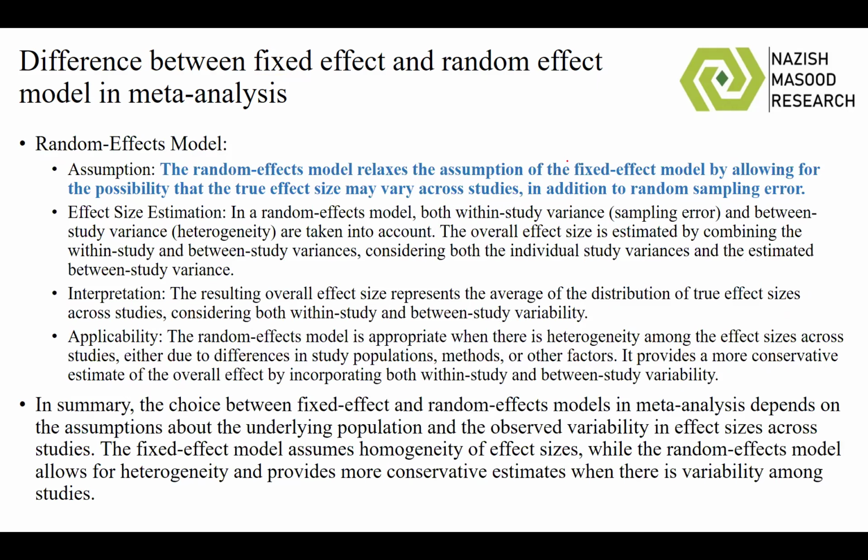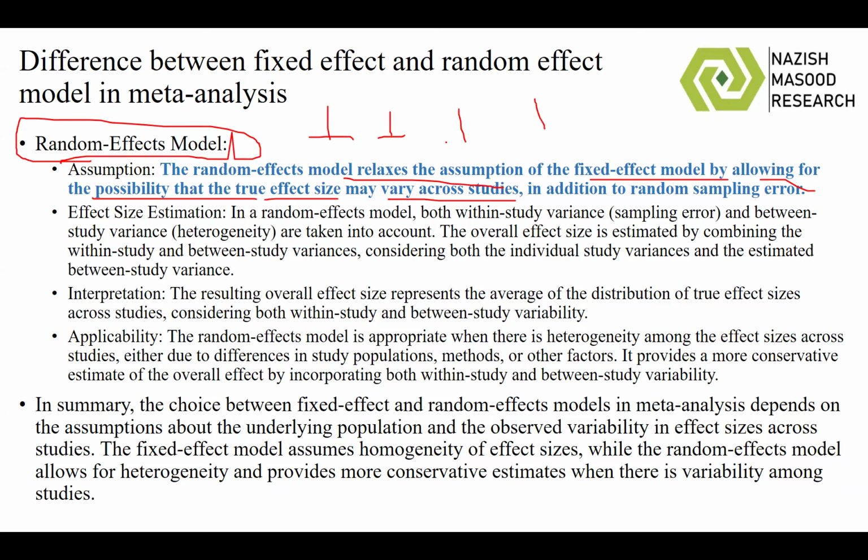The random effect model relaxes the assumption of the fixed effect model by allowing for the possibility that the true effect size may vary across studies. So the true effect size might be different for individual studies. There might be a lot of variance, but still we would like to do a meta-analysis.